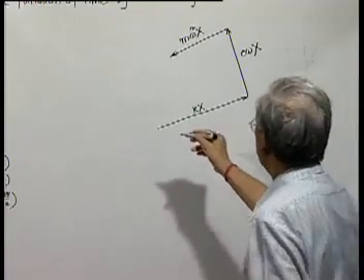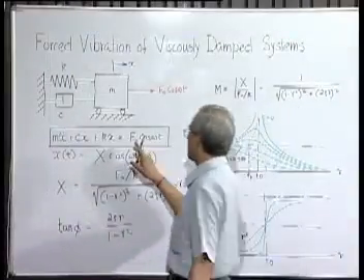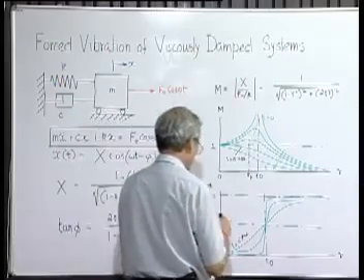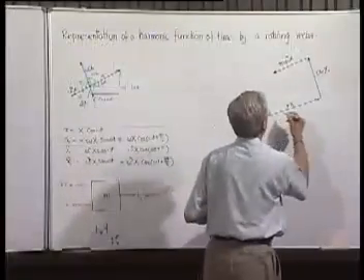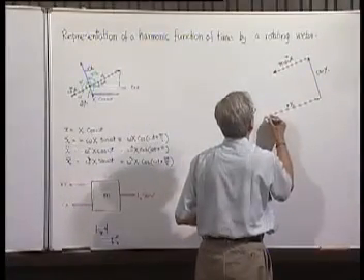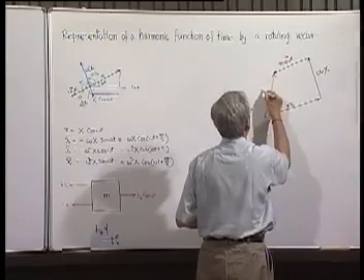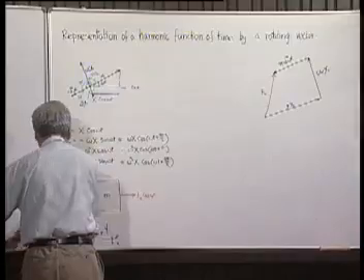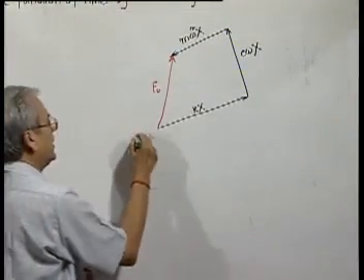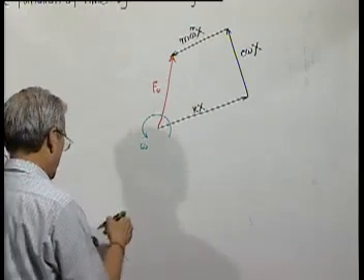And these three together will be equal to f0 cosine omega t. So, these three must be equal to f0, and the whole thing, like a rigid body, is rotating with a speed omega.